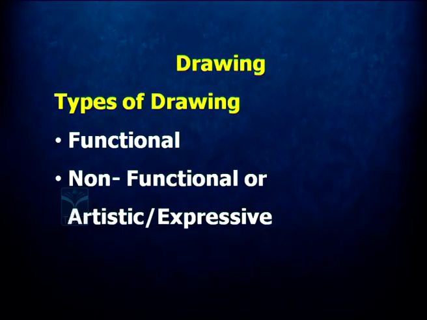We can divide drawing into two types. One is functional, where drawing is used for functional purposes. Another is artistic purpose, right, non-functional, artistic or expressive purpose, where it might serve to express, to give form, to give shape, to give an image to your internal expression, to your emotional expression.